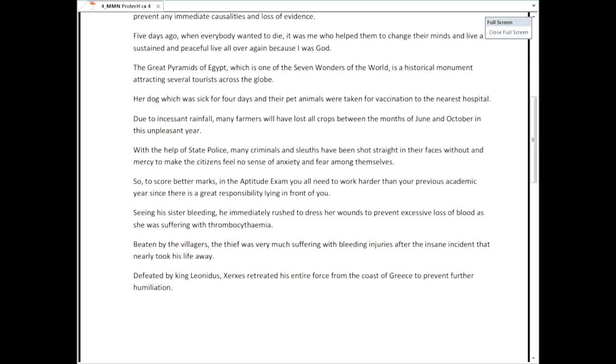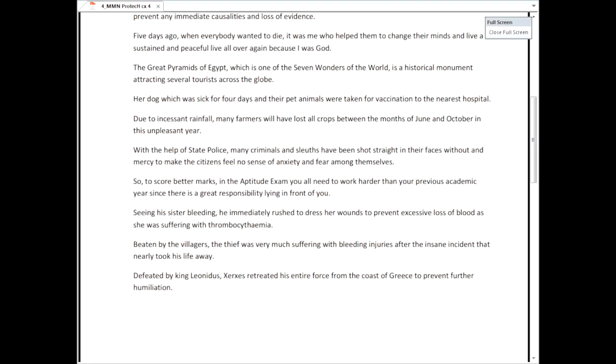Away. Adverb again. ये भी adverb है, ये भी adverb है. Okay, so that nearly took his life away. We are adding binders. Okay, so let me read it again for you. Beaten by the villagers, the thief was very much suffering with bleeding injuries after the insane incident that nearly took his life away.